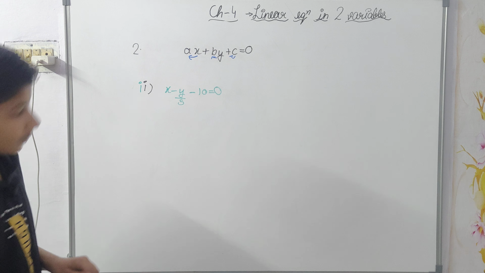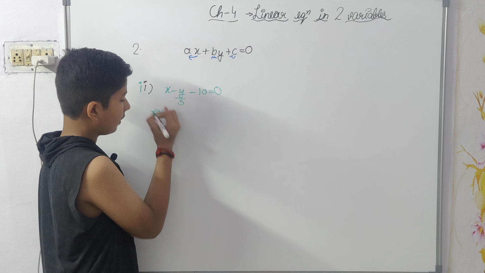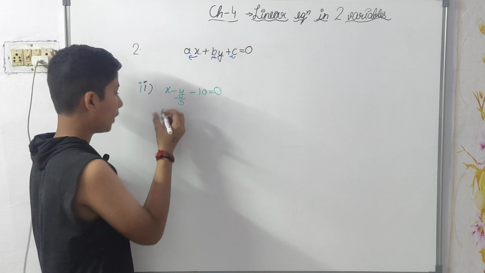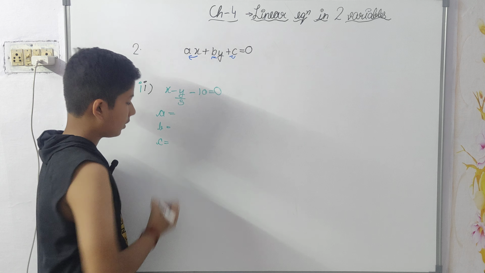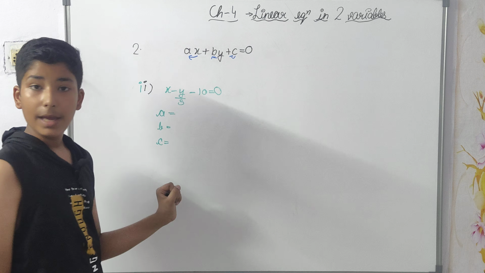But now what will we have to do? We will have to put the values of a, b and c, because the form is already given. a equals, b equals, and c equals. Okay, a, b, c here, and what's left?